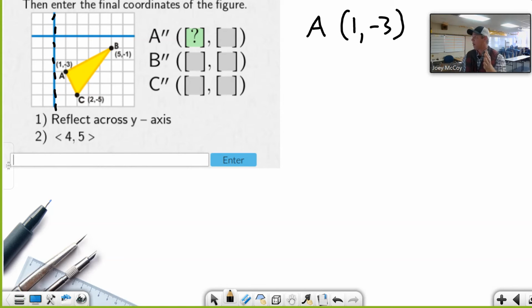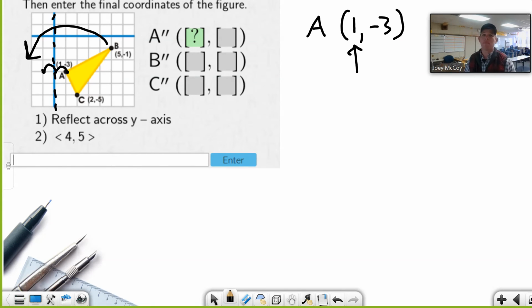So if I'm reflecting it from the right-hand side to the left-hand side, I am going to move this shape over here from the right to the left. That means that my positive x value is going to get flipped to the other side. It is 1 away from the y-axis now, so it is going to get moved 1 space away from the y-axis on the other side.